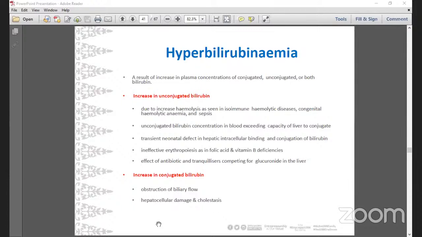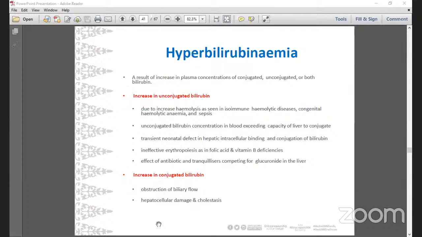And then we are interested in hyperbilirubinemia. Hyperbilirubinemia is a result of an increase in the plasma concentration of conjugated bilirubin, unconjugated bilirubin, or both types of bilirubin. We can see unconjugated bilirubin, first, due to increased hemolysis.